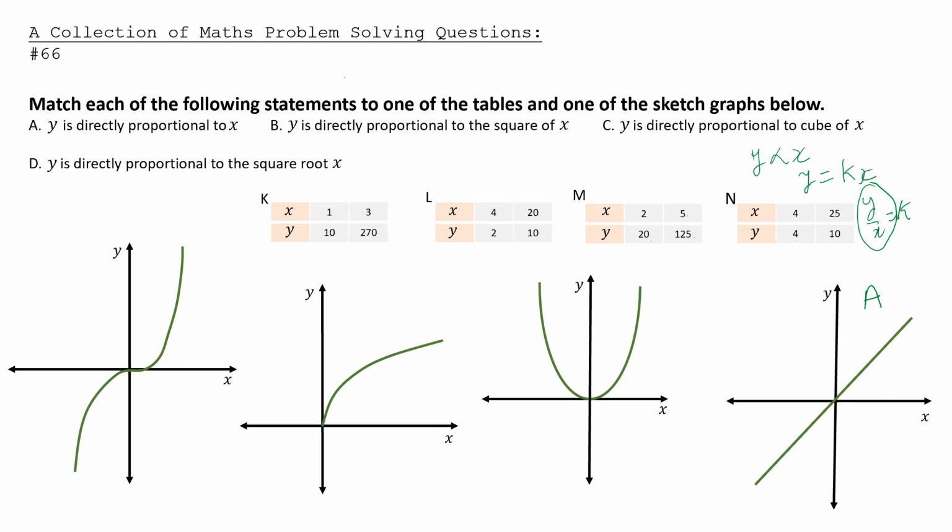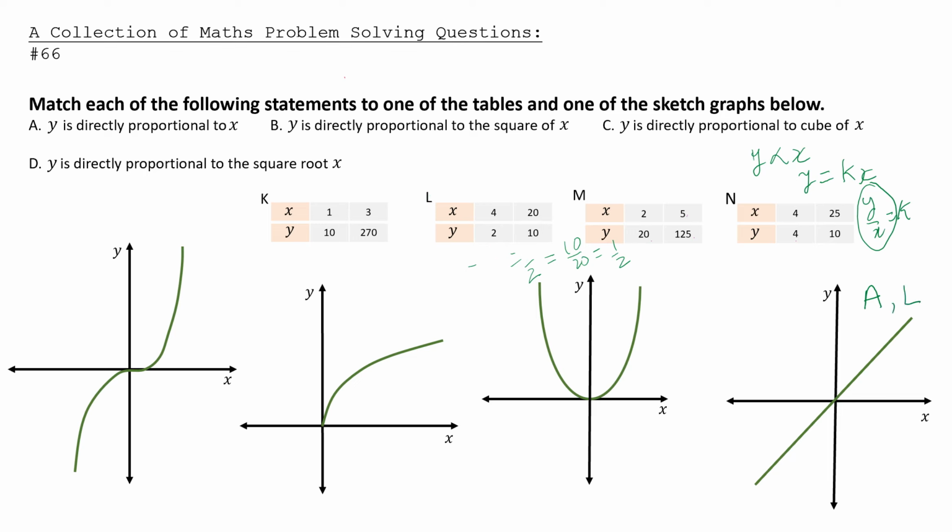It looks like it's L. If you have y out of x, you get 2 out of 4, and that is half. Then y out of x equals 10 out of 20, and that also is half. So it is L. So it's A and L.